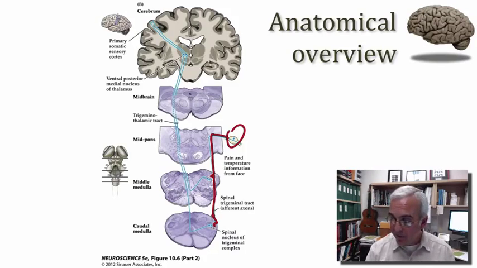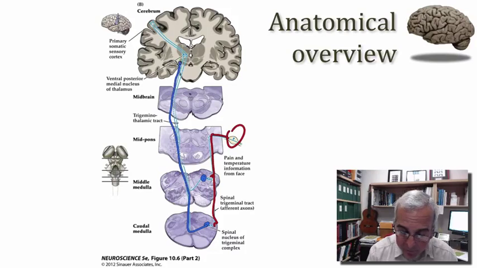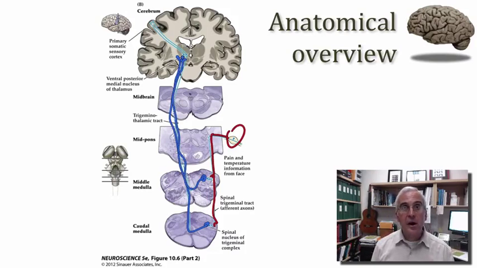The spinal trigeminal tract then synapses on second-order neurons that are distributed just on the medial side of the tract, called the spinal trigeminal nucleus. And these cells grow an axon that crosses the midline and ascends through the tegmentum of the brainstem in a region nearby the anterolateral system axons.